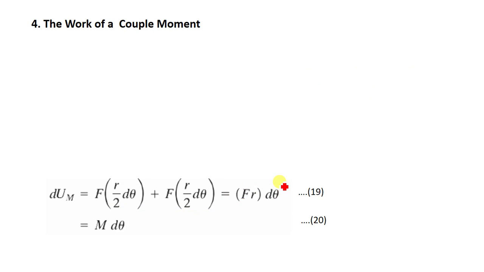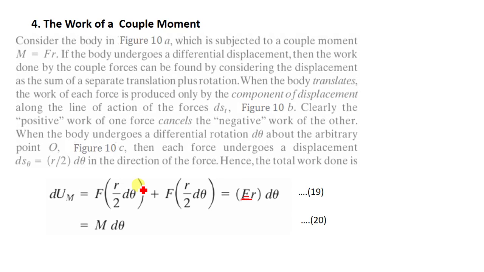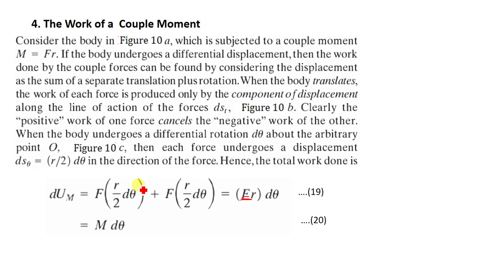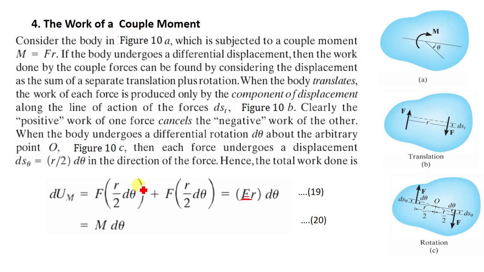Once you have that, we know that force times distance can also be considered to be a moment. Moment is just equal to force times the moment arm distance, which is just r. So this is what I've just been explaining here, and these are practical examples on the moment.